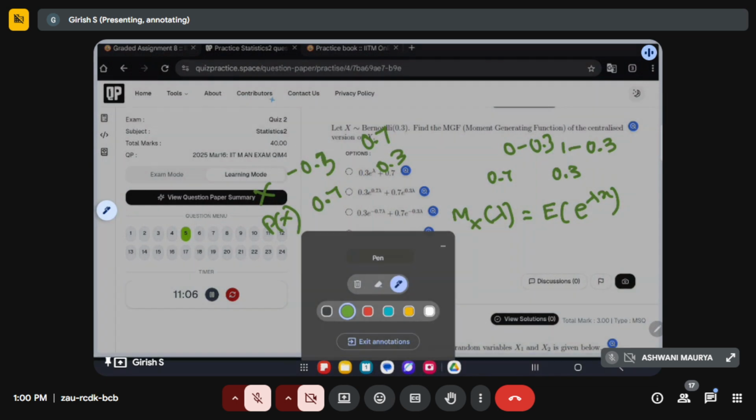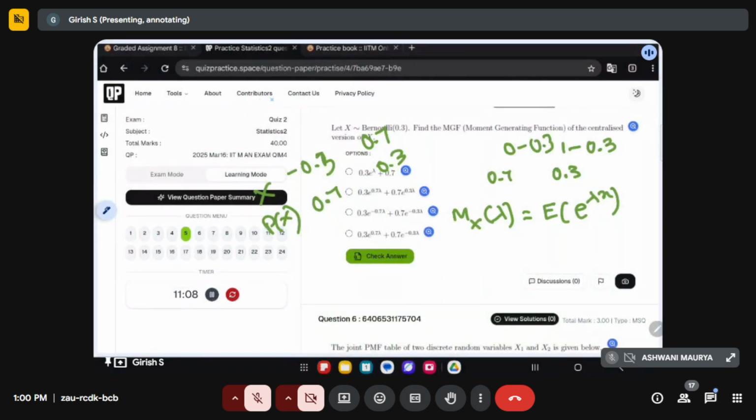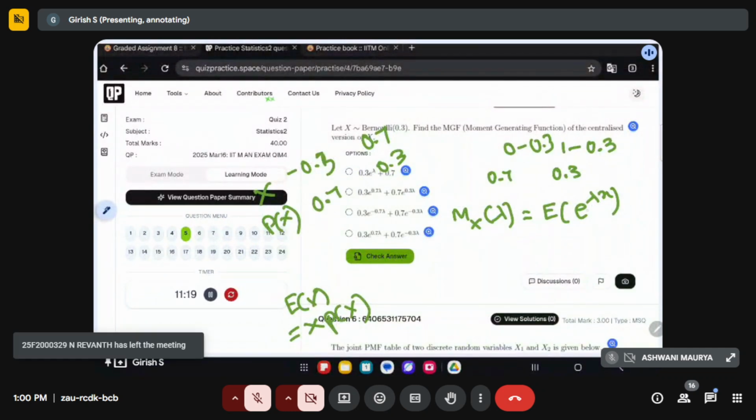So what is the expectation of x? It is nothing but x into p of x. Similarly, here also the expectation of this, we can write as this value into the probability of that. So just substitute x here.